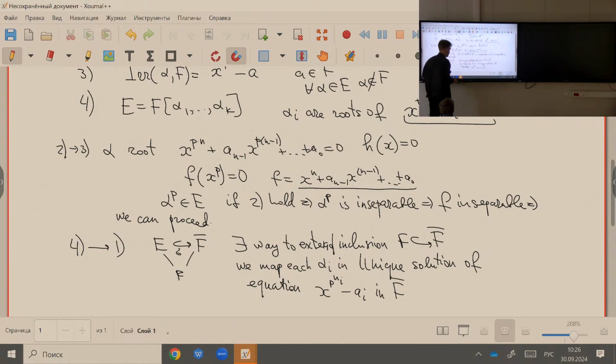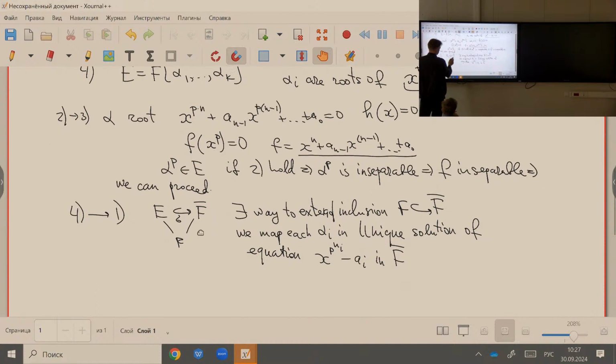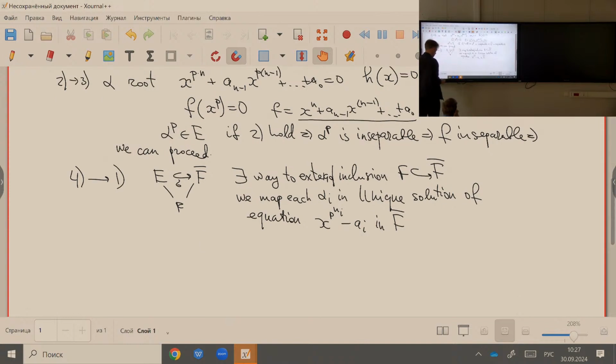So already, if you know that F sits in F bar, all other roots are mapped uniquely. So other things should be done as an exercise.